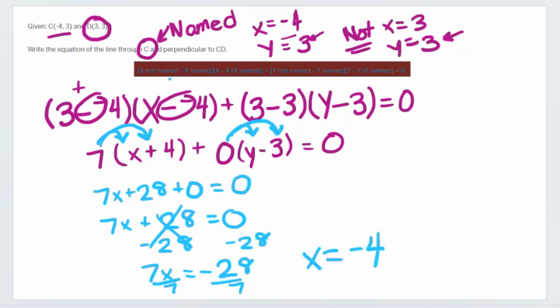Meaning if you were to graph this, it's just going to be a vertical up and down line. So if it was a coordinate plane look like that, if x is -4 over here somewhere, would be just running straight on down like that. That would be your equation.